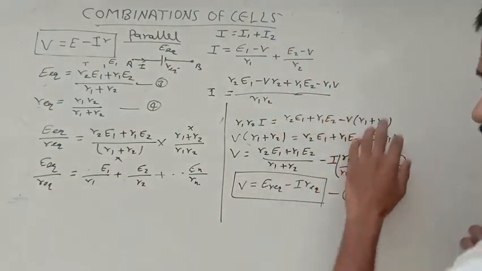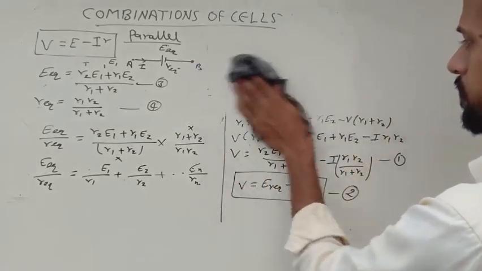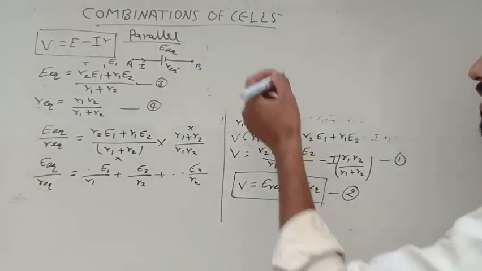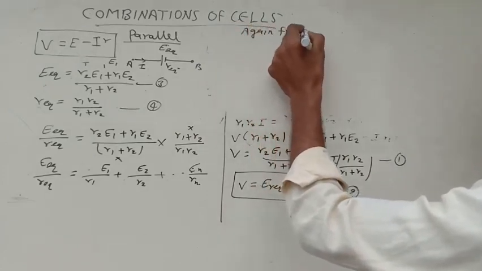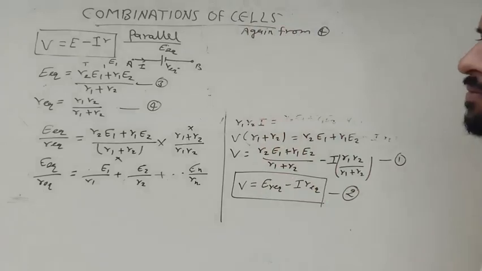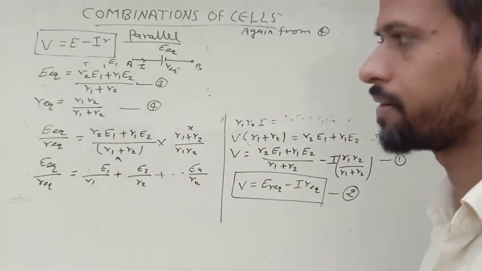Now again from equation 4, R equivalent is R1 R2 upon R1 plus R2.